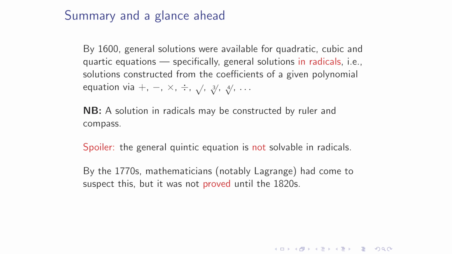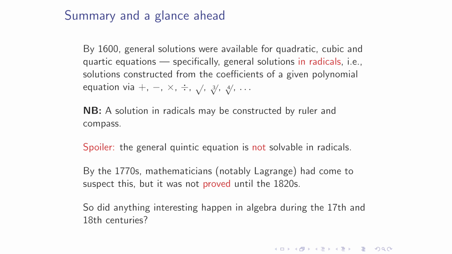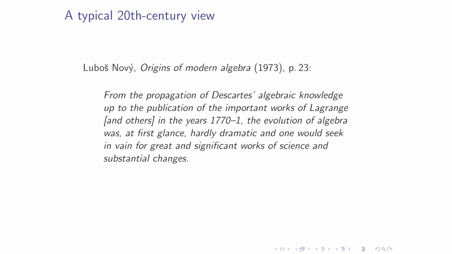It just seems to defy all the same sort of methods that are used for other equations. And so from Lagrange we start to get this idea that between Cardano and Lagrange's writing in 1770, nothing interesting has happened in algebra. So it really takes hold as an idea in various writings.